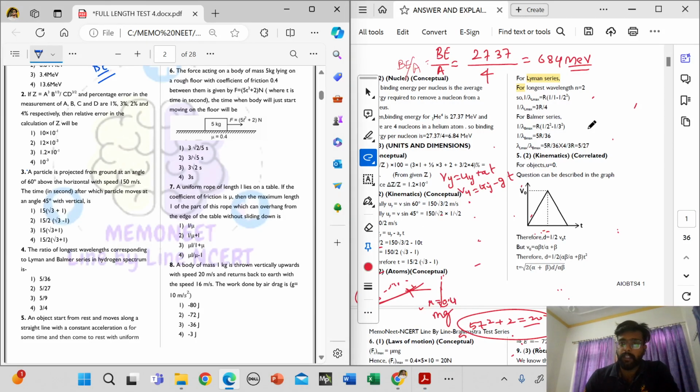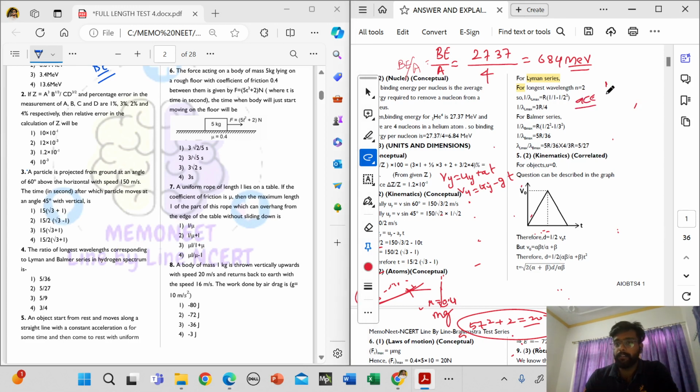What is acceleration? We can find it from the velocity-time graph. The slope of the velocity-time graph will give you the acceleration. This particle has a constant acceleration alpha and then the retardation beta.